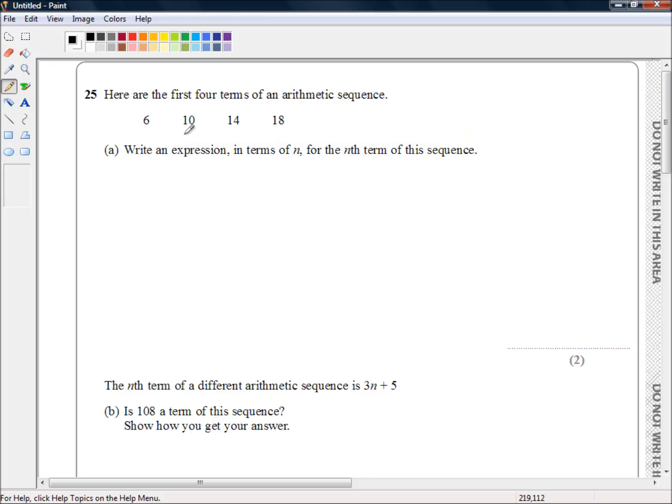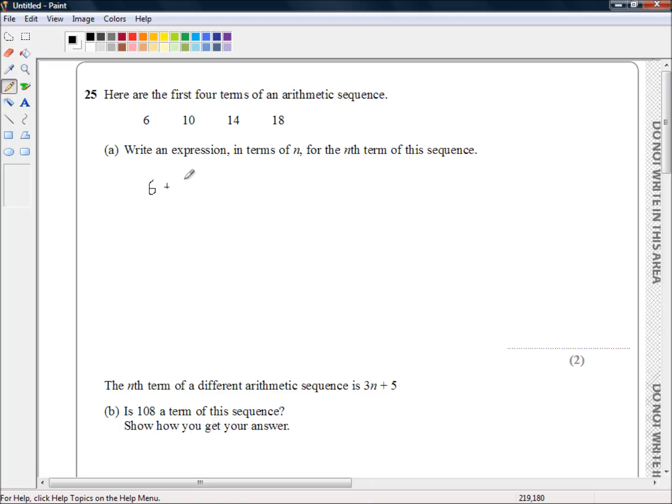So the first thing we're looking for is that when n equals 1, we want our answer to be 6. The easiest way to do that is to start off with 6 and have something multiplied by n minus 1, so that n becomes 0, and then that something times 0 is going to make the answer 6.